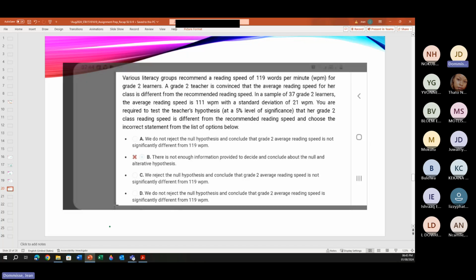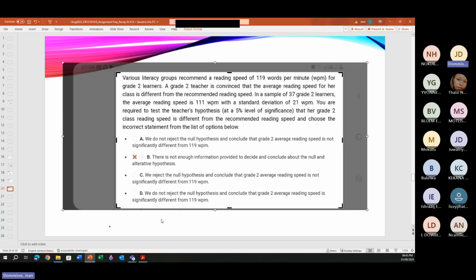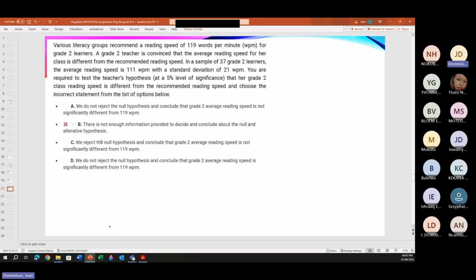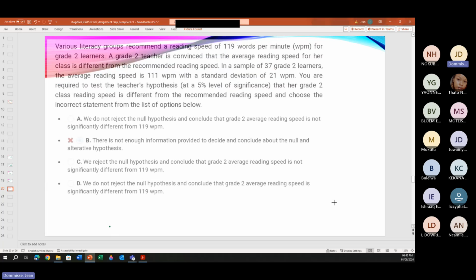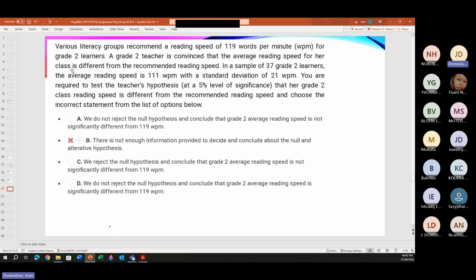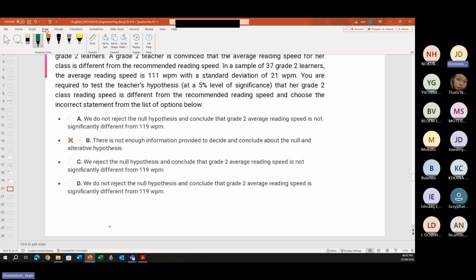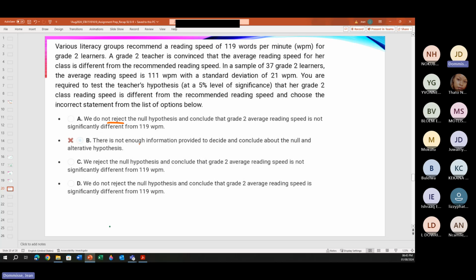I'm just hoping there's not an option E that was not sent last year. Here you can see: we do not reject, there's not enough evidence, we reject, we do not reject. So already there is different language being used between all of these.